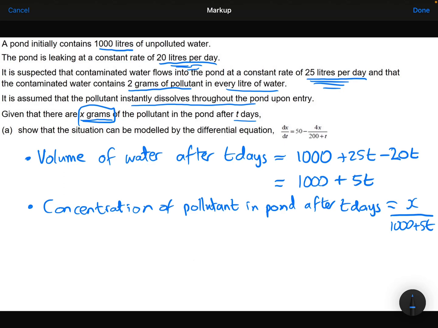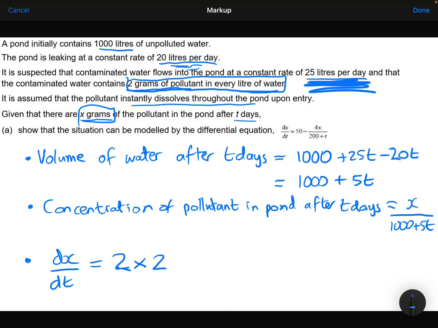Now we're going to set up our differential equation. So the rate of change of the pollutant is equal to the concentration of the pollutant flowing in, which was 2 grams in every litre, multiplied by the flow rate going into the pond, which was 25. Minus the concentration of the pollutant going out.